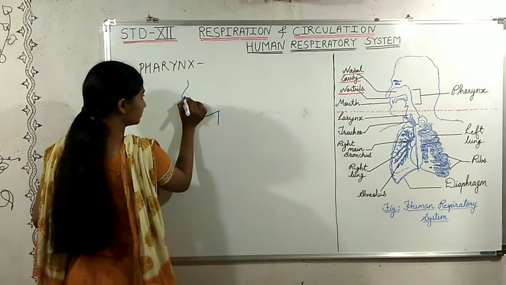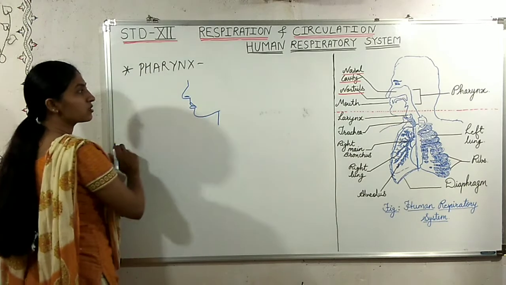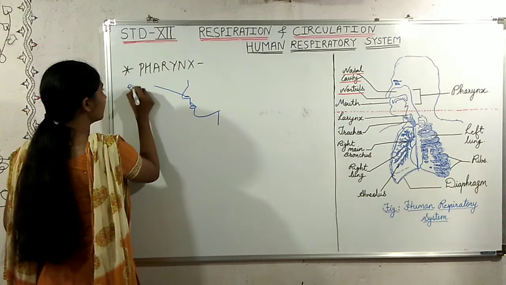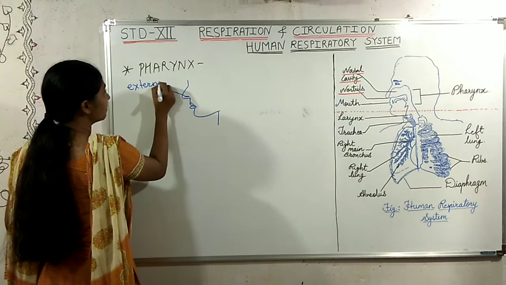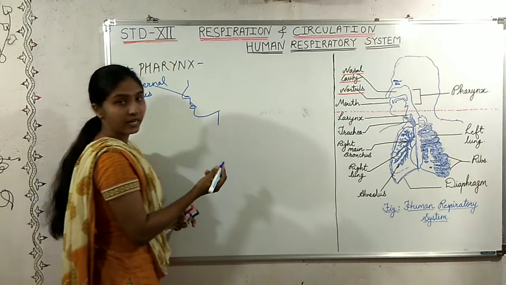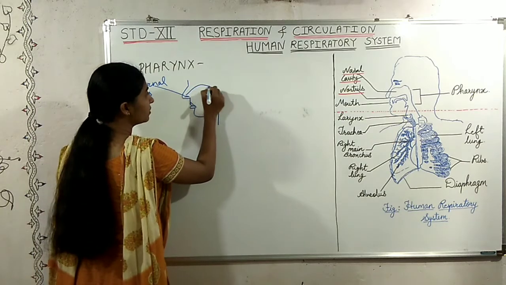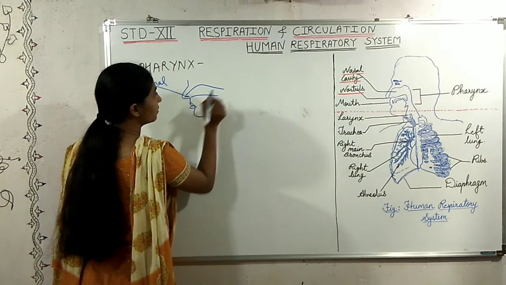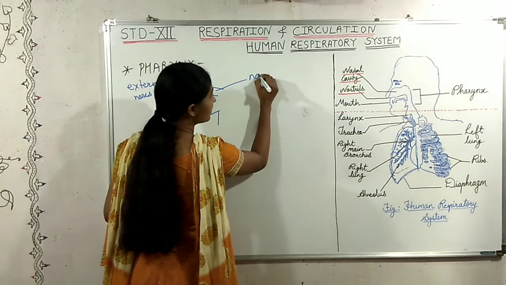Now, the openings of this nose are called the external nares. These external nares open into a chamber. That chamber is called the nasal chamber.